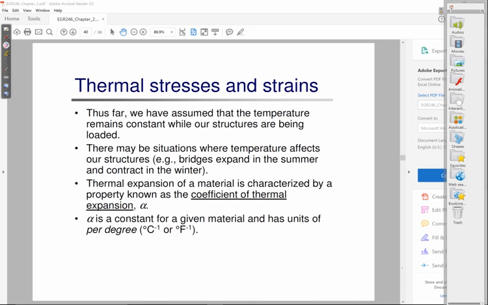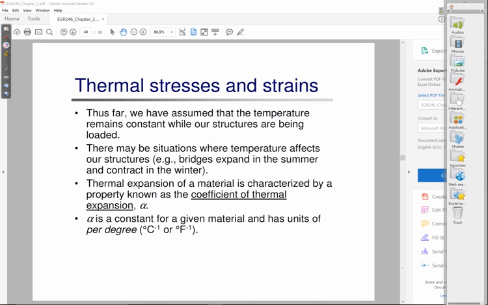So what that means is your coefficient of thermal expansion is actually a strain per degree Celsius. How much strain do you get in your material when you increase or decrease your temperature by 1 degree Celsius?